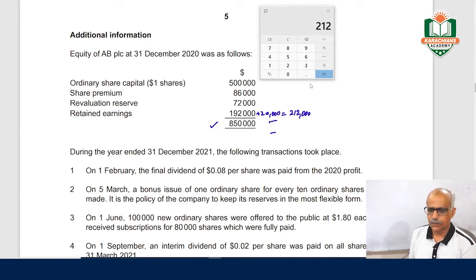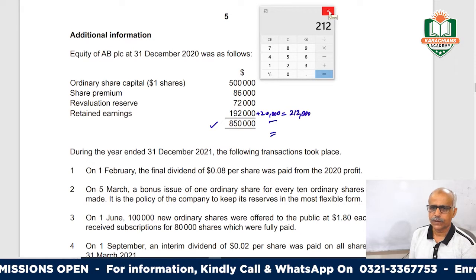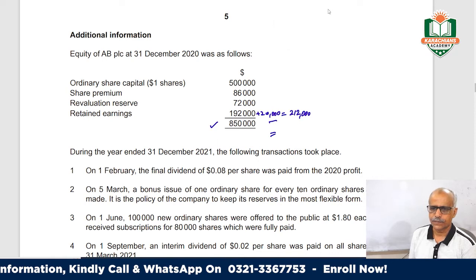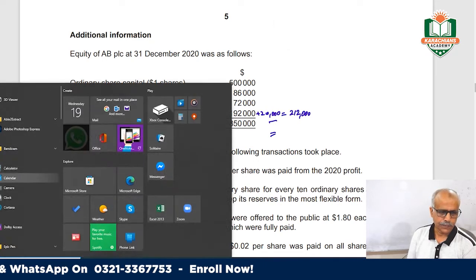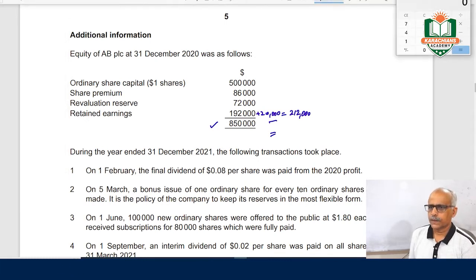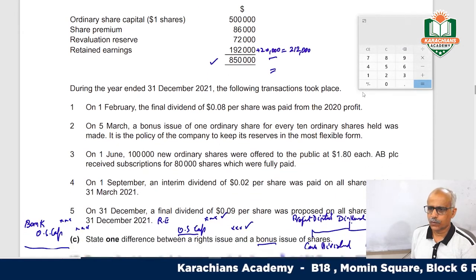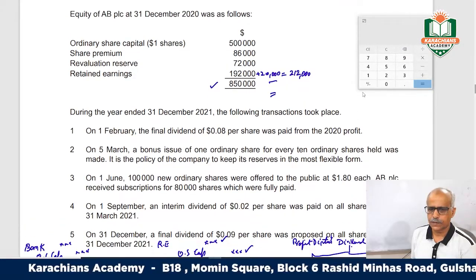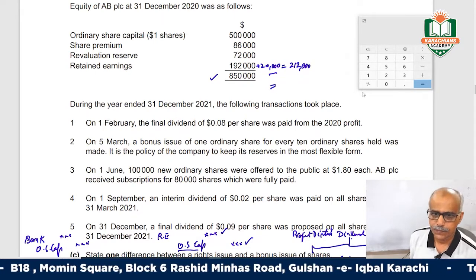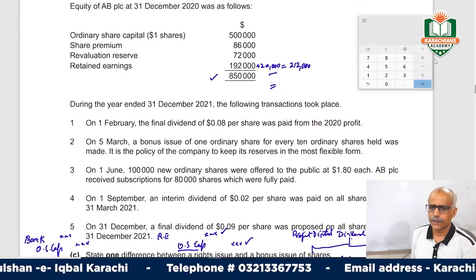So our balance will get changed, 212,000, sorry. Now see what other things are there. One is retained earnings, and in opening retained earnings, fine.